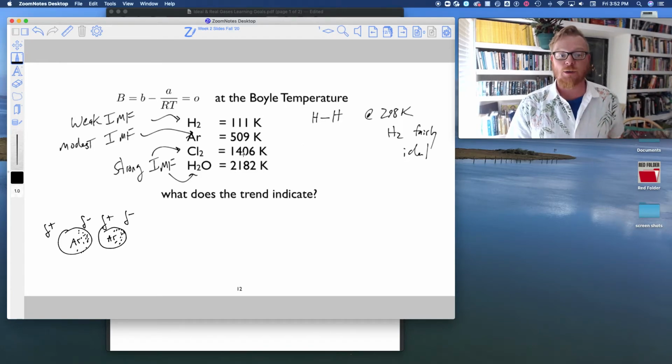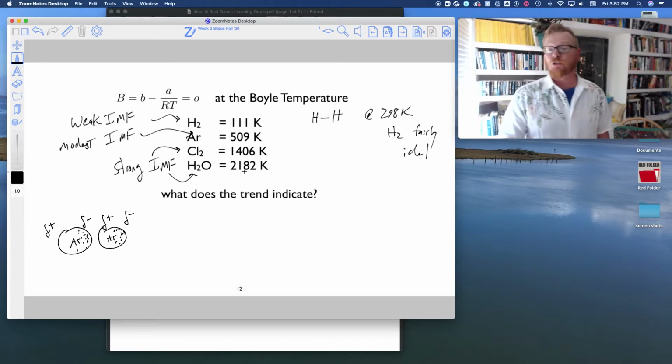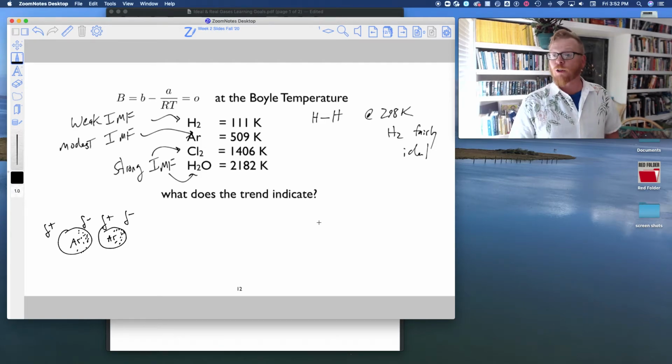And obviously what you can see with chlorine and water, as you might guess, at room temperature, chlorine and water are very much attracted to each other, right? They're going to exist in a really attractive regime, which means they're going to compress. So they'll have much smaller compression factors at room temperature and room pressure.